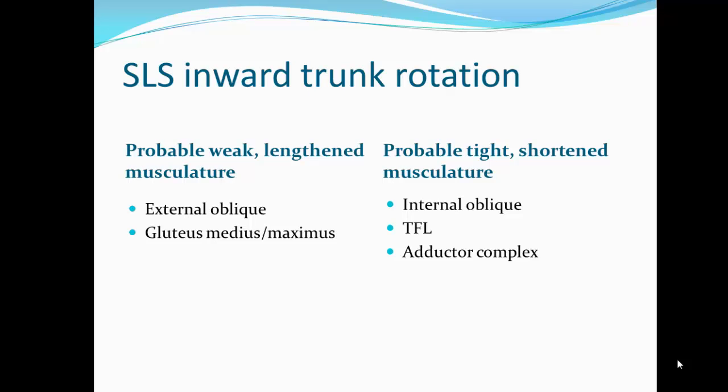And as far as the inward trunk rotation towards the stance leg, the probable weak musculature would be the external oblique and the gluteus medius and maximus, and the probable tight shortened musculature would be the internal oblique, the tensor fascia lata, and the adductor complex.